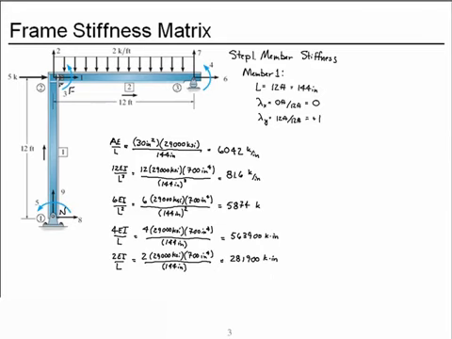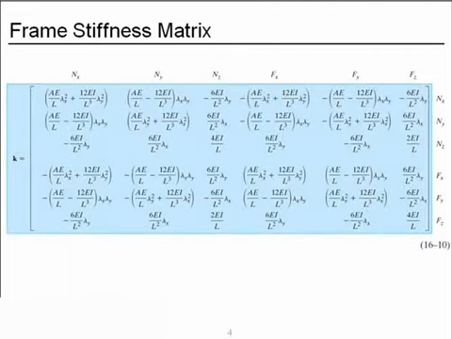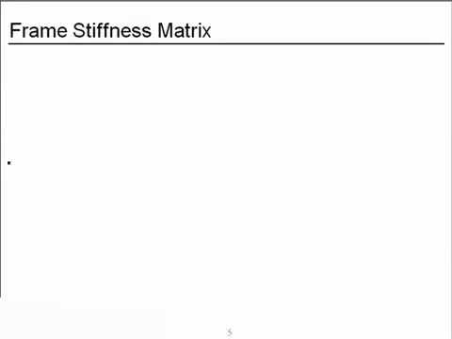Let's use these values along with the fact that lambda x equals 0 and lambda y equals 1 in our expression for little k, the frame element stiffness matrix, and construct little k 1, which will have 6 rows and 6 columns.